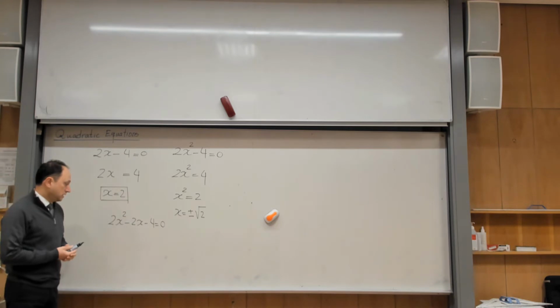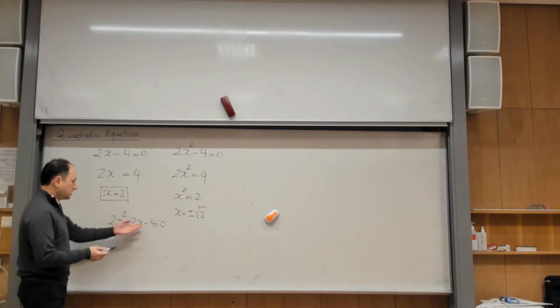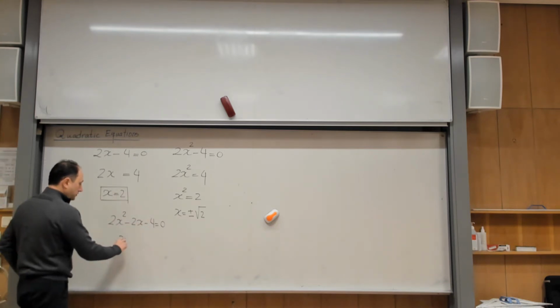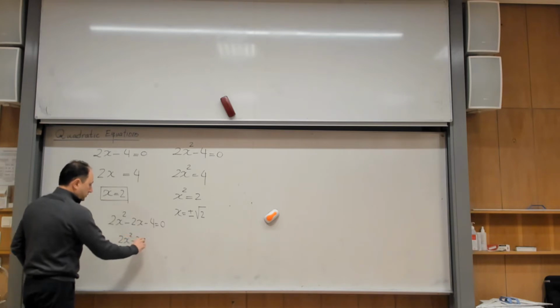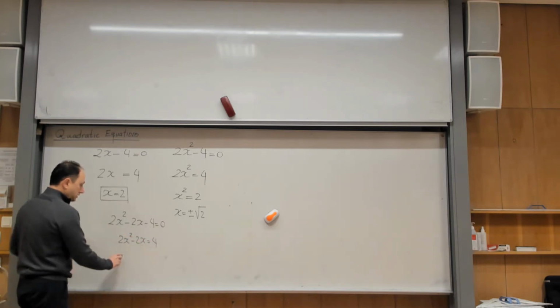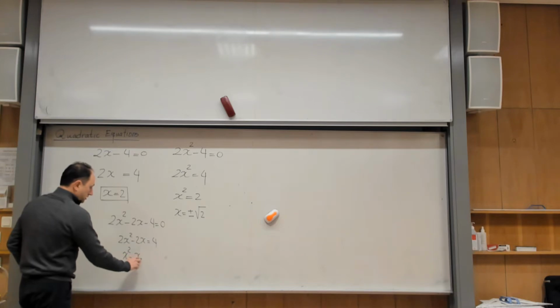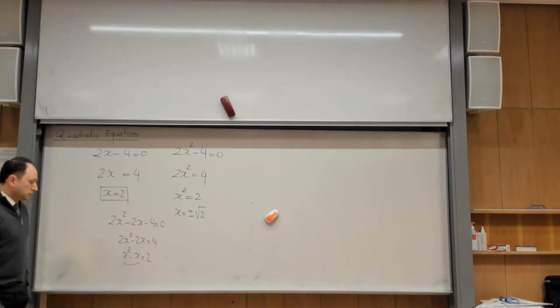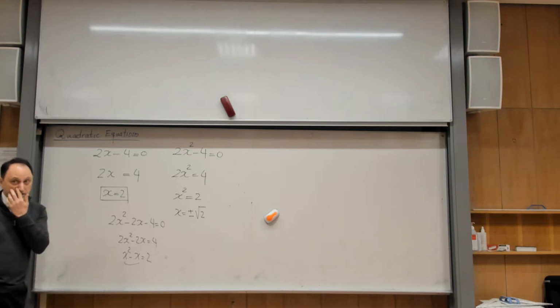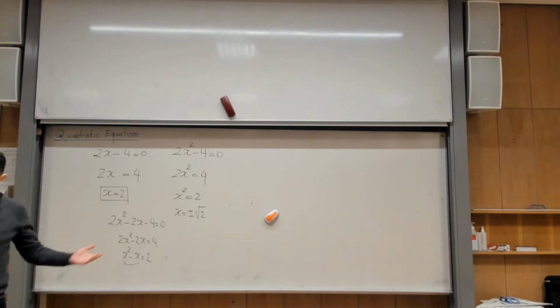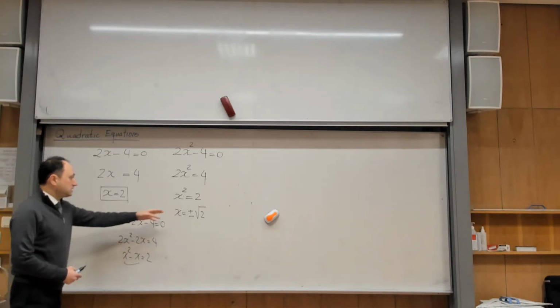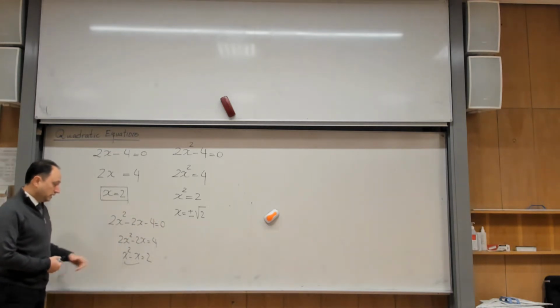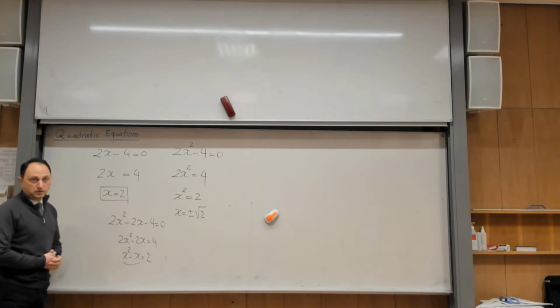Even if, for example, you might say that I move 4 to the other side, I divide everything by 2, still, this is not x alone. It's a combination of x squared and x, which is left alone on the other side. So the solution will not be that easy then. Then we have to find a way to be able to solve this equation.